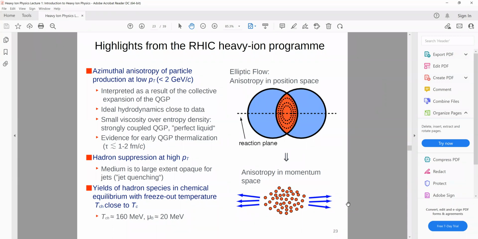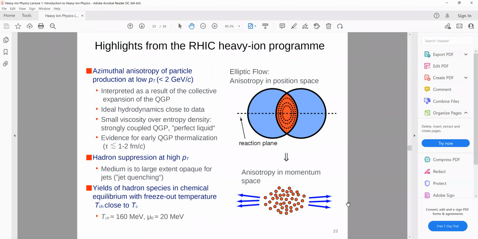It has been shown that ideal, non-viscous hydrodynamics is very close to the data. The application of viscous hydrodynamics has indicated a very small viscosity over entropy density, which means that the produced medium doesn't behave like a gas, rather it behaves like a liquid. This is called a strongly coupled Quark-Gluon Plasma, or sQGP, or perfect fluid.